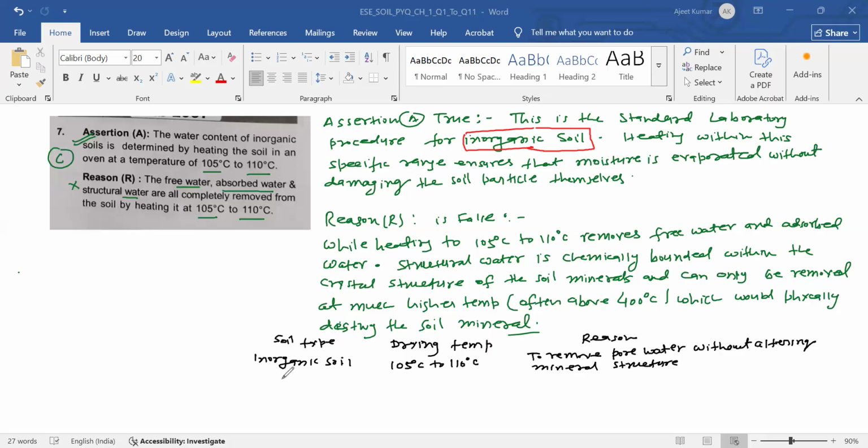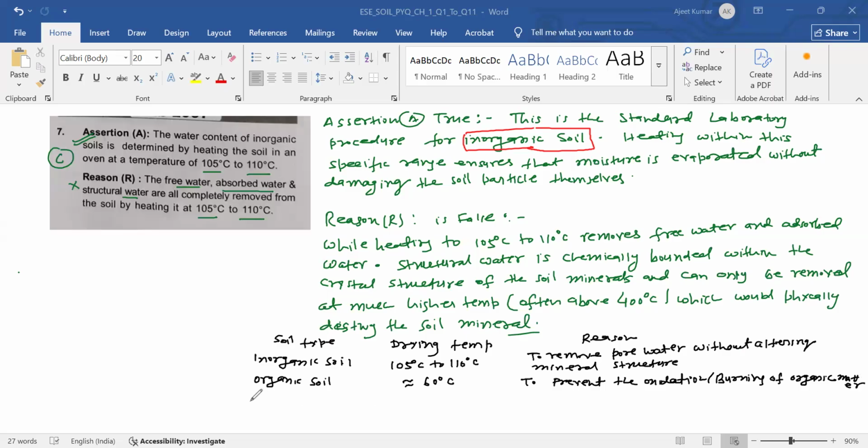And if the soil is organic soil, then the drying temperature will be around 60 degrees Celsius, and the reason is to prevent the oxidation, that is the burning of organic matter.